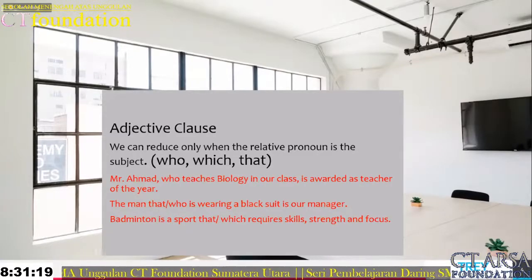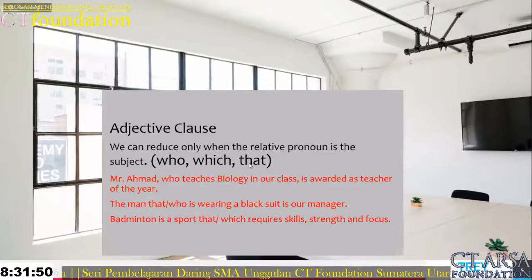So when you are reducing or shortening an adjective clause to be an adjective phrase, not all the adjective clauses can be reduced. So what are those relative pronouns? Those relative pronouns are who, which, and that.